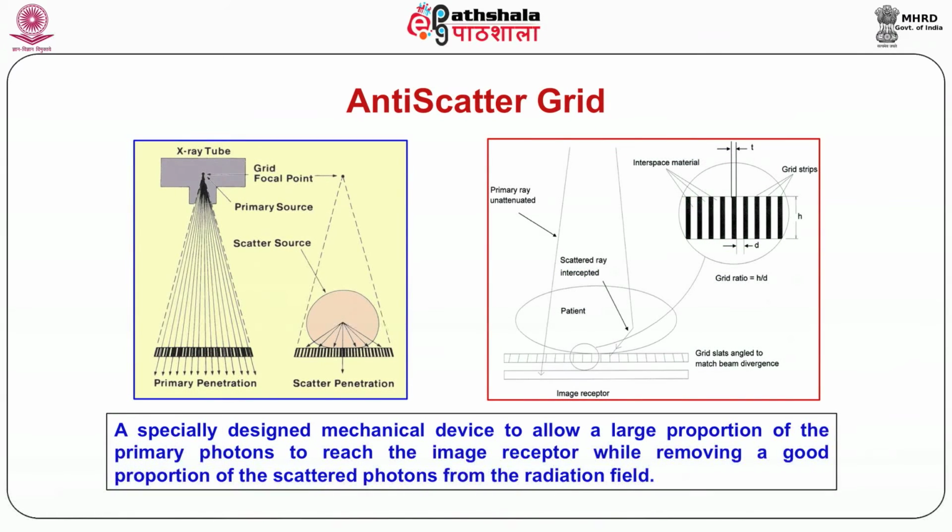The grids are designed to allow a large proportion of the primary photons to reach the image receptor while removing a good proportion of the scattered photons from the radiation field. Selective absorption of scattered radiation by an anti-scatter grid is shown in the figure.